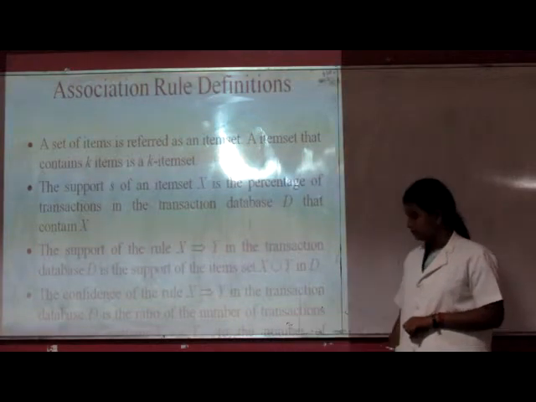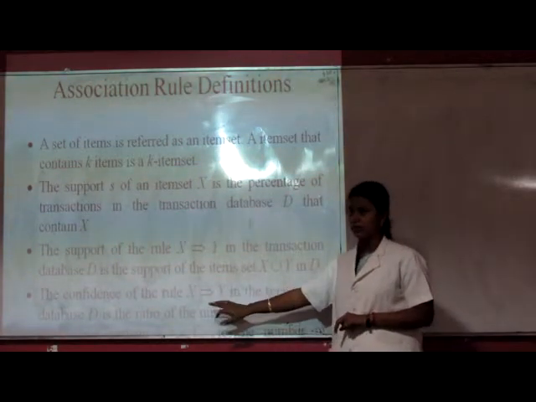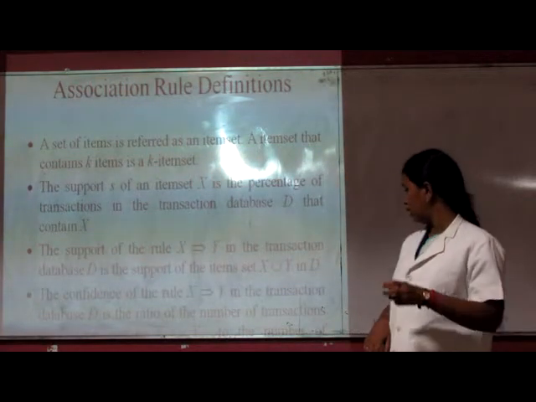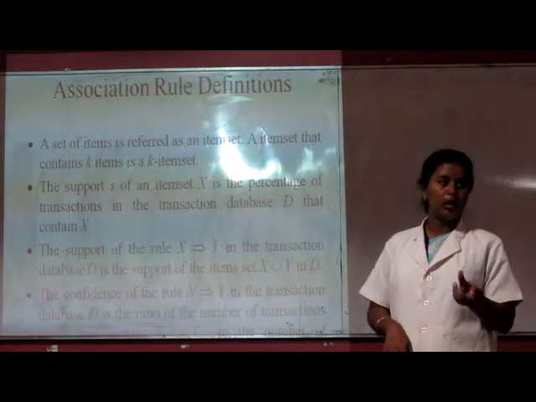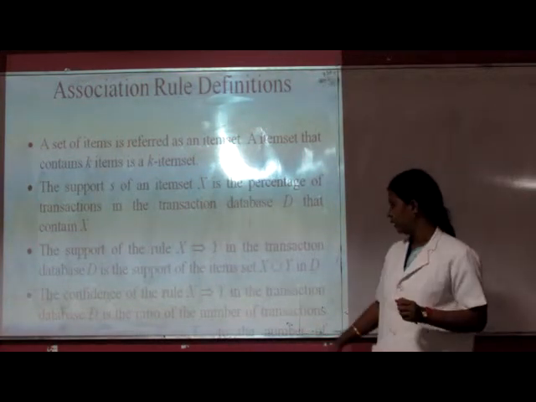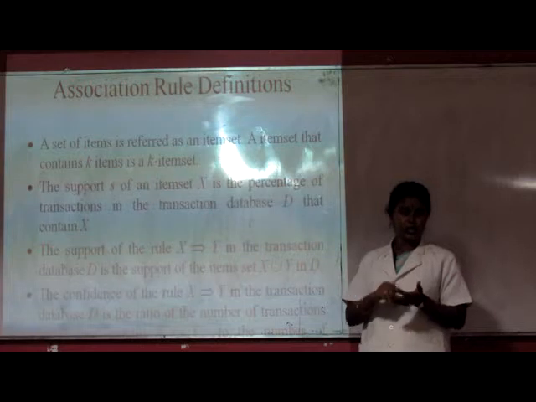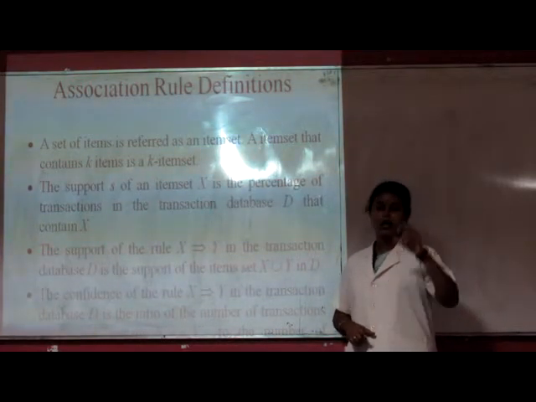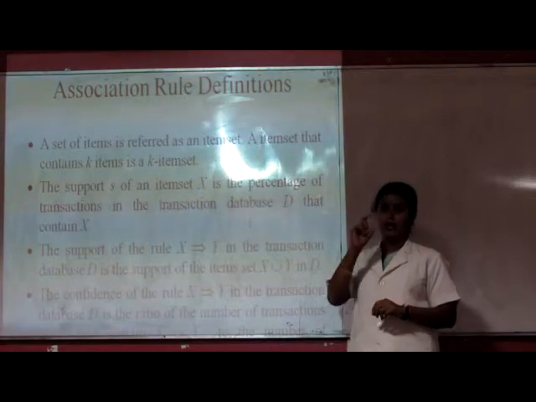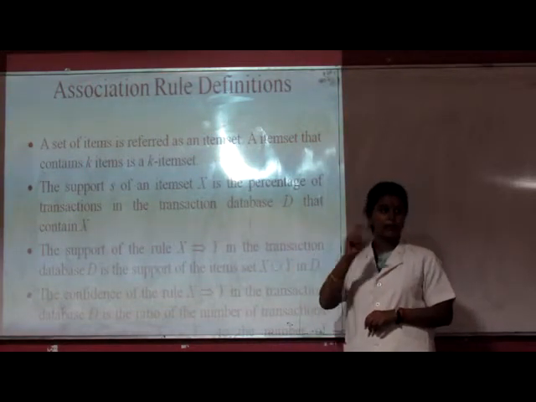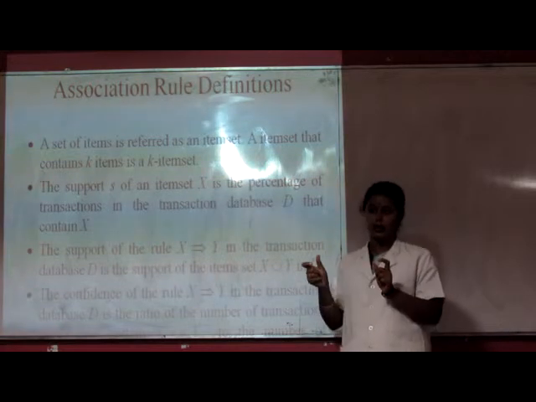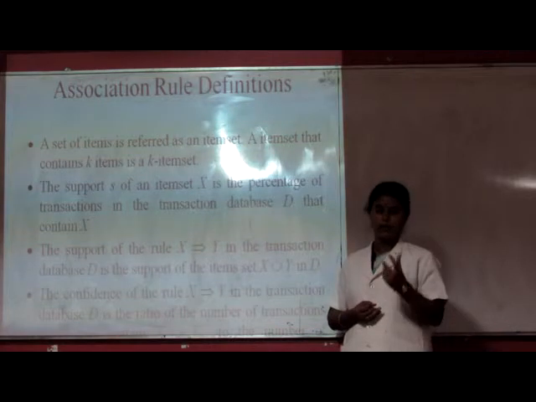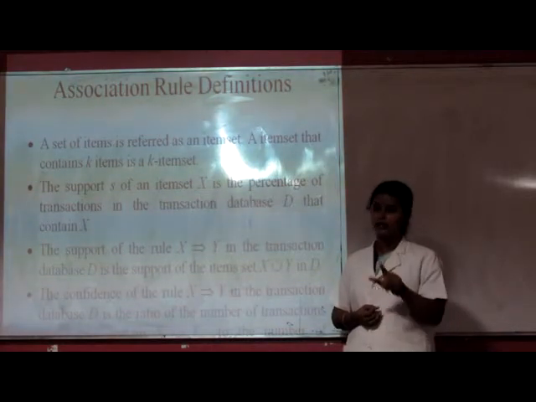And confidence means, if I am taking the association between X and Y in the transactions, it is the number of transactions that contain these two, X associated with Y. Out of 10 transactions, how many transactions have both X and Y, divided by how many transactions have X alone.